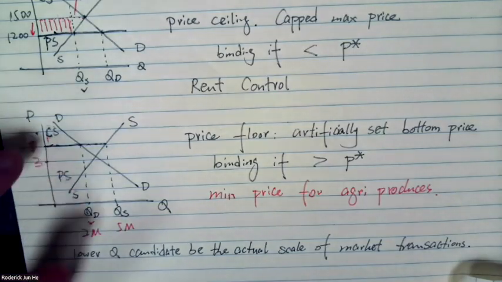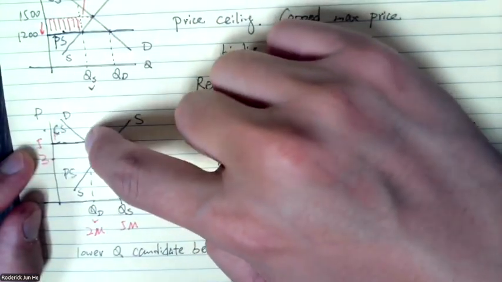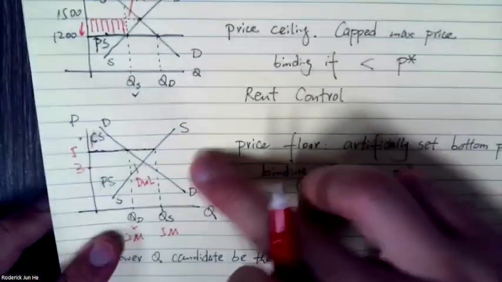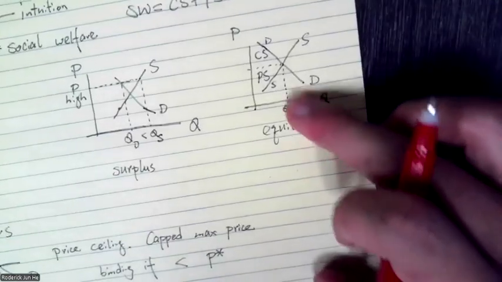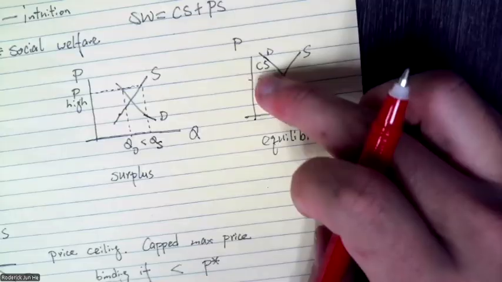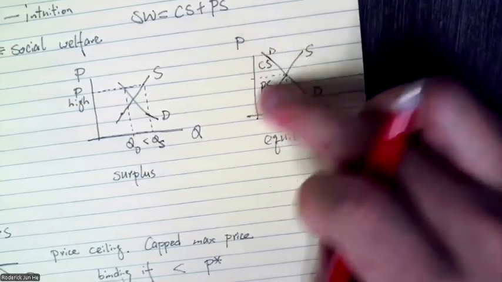And then the total social welfare is the upper triangle plus the lower wedge. So we have the total ladder shape, and the triangle in the middle is lost. That is what we lost compared to the case where we have no price control imposed, in which case it would be the entire consumer surplus plus producer surplus, the entire triangle.